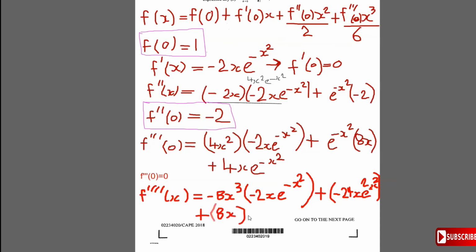We differentiate the second, we're going to get minus 2x e to the minus x squared plus, keep the second. The second is e to the minus x squared times the derivative of the first, which is 8, plus 8 e to the minus x squared.